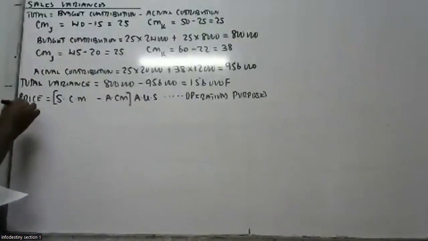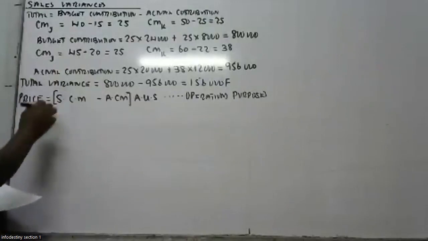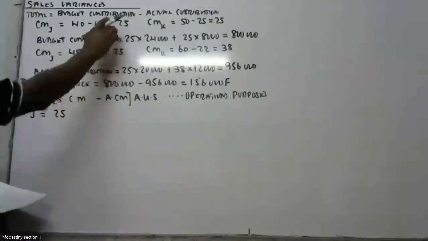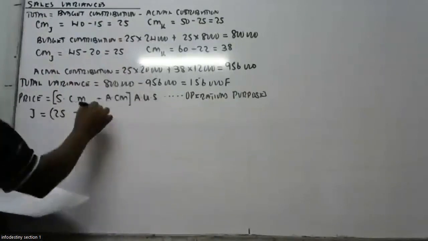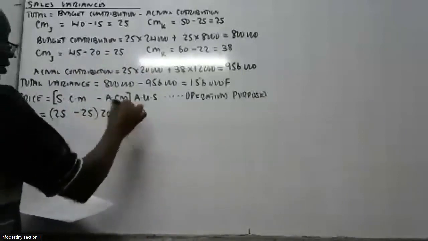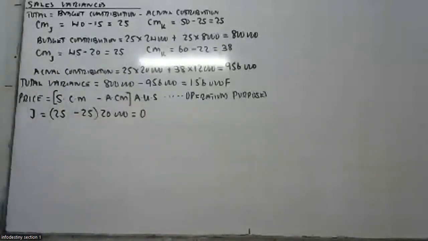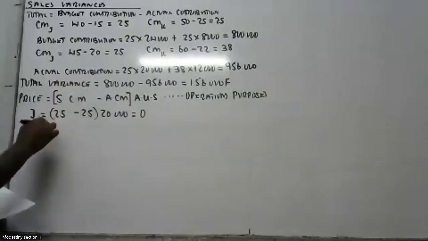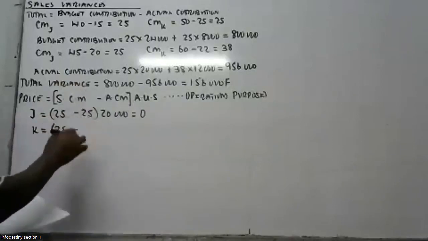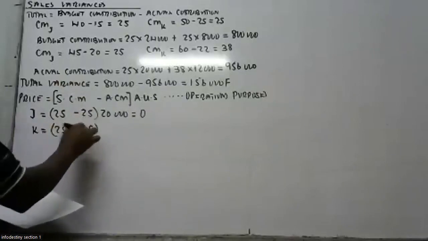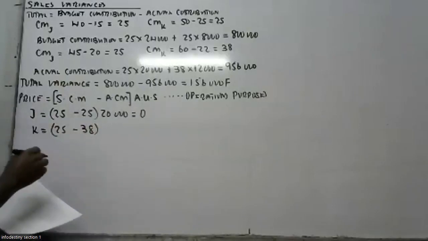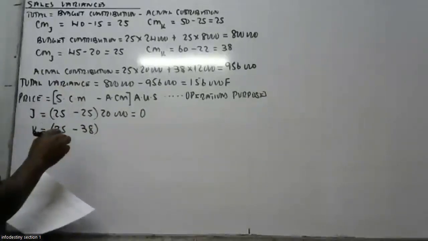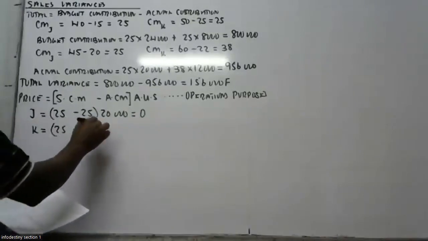So if we start with the product J, the standard contribution margin we have computed earlier is 25. The actual is 25, and the actual units sold are 20,000. So this gives us a zero variance. This other one, K, is 25, and the actual is 38, with actual units of 12,000.